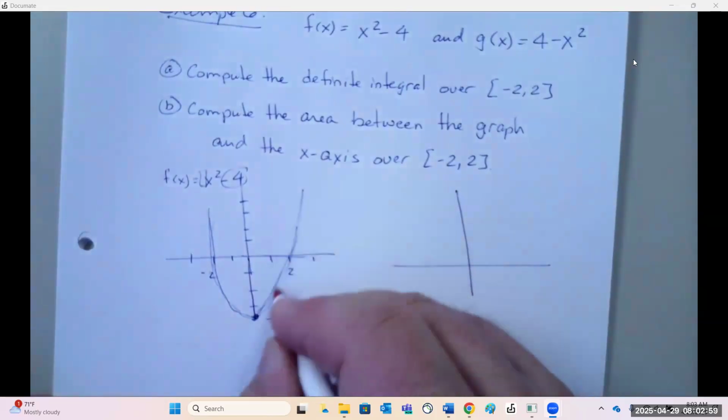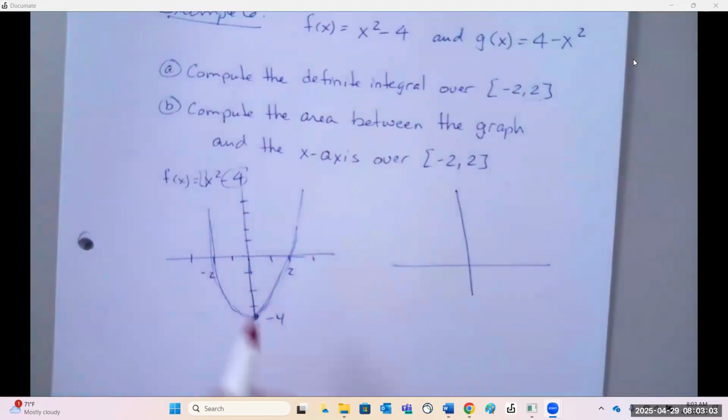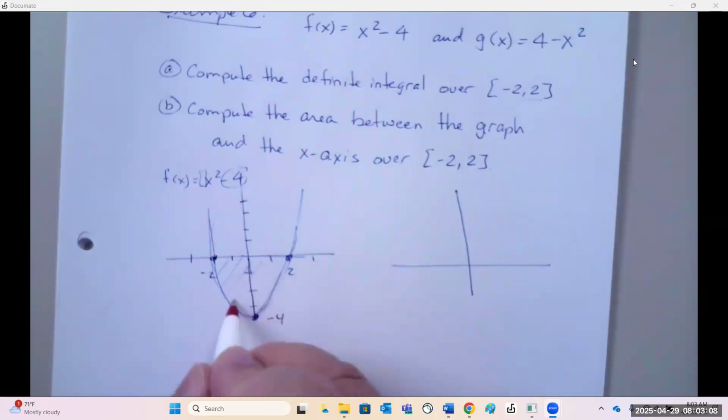There's our graph there. What we're looking at over this interval is from here to here, all this area below.